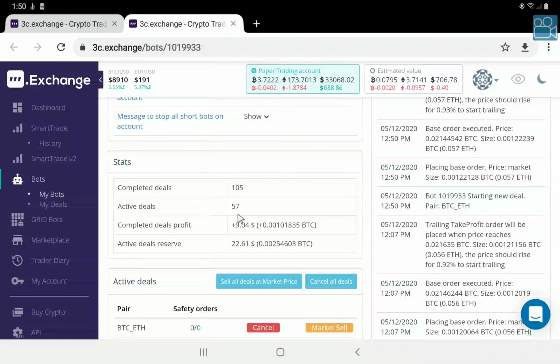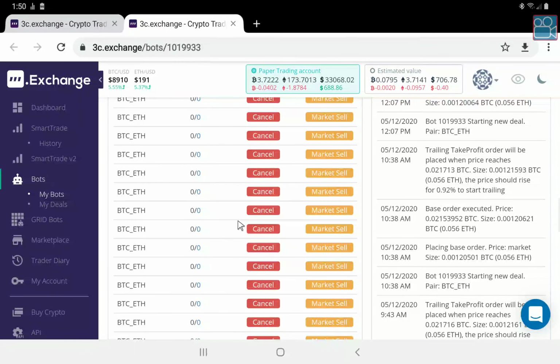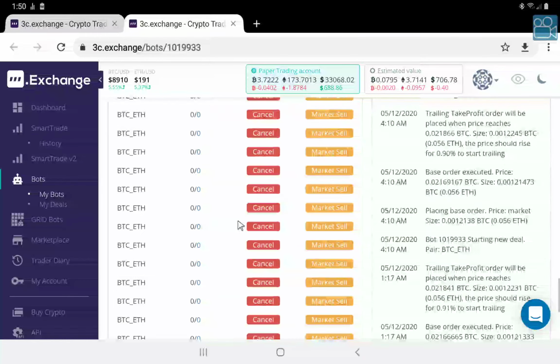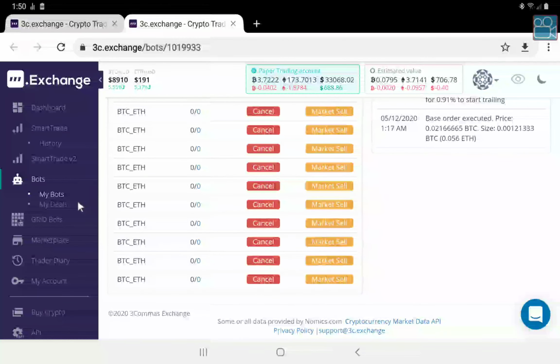That means over half of its possible trades are now stuck in a negative position, where at some point I'm going to have to reckon with these. All of these orders are below zero at one point or another. And I'm going to go into the deals page now and show you that.